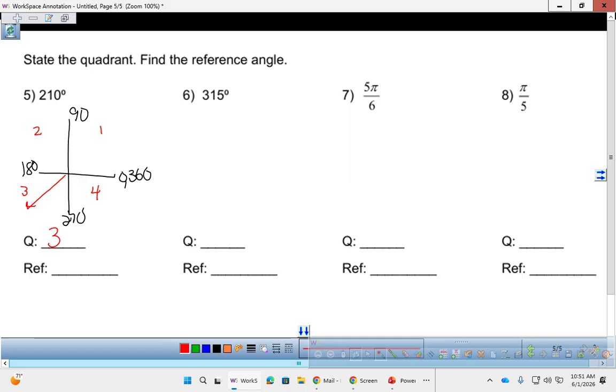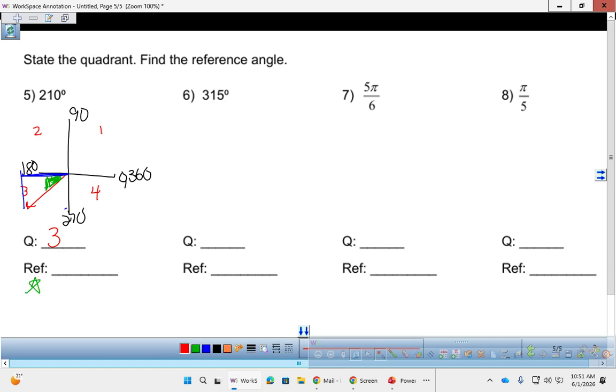Then you have to make what's called the reference triangle. The hardest part about a reference triangle is remembering that it's the x-axis and not the y-axis that you're using. I'm not going to make the other leg of the triangle over here. I'm not going to drop a line here. It has to be the x-axis. So this is the reference triangle, okay? What I want to know is this angle right here. This angle in green is called the reference angle.